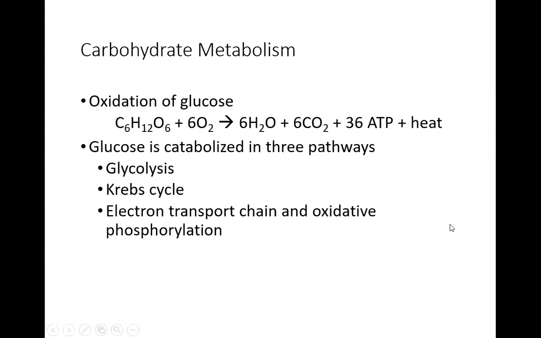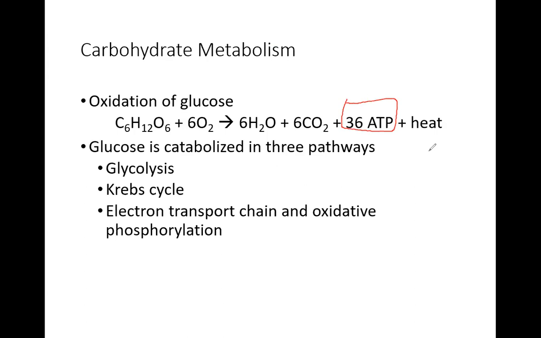So we start out with glycolysis. Let's keep it simple. The oxidation of glucose gives you about 36 ATP, an important number to remember. Different textbooks are going to say different numbers, but 36 seems to be a general number here.